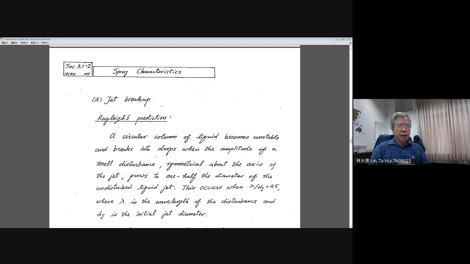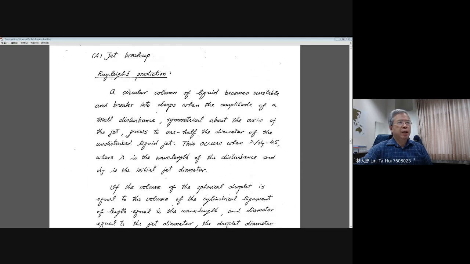Those kinds of instability are predictable and were presented by Rayleigh's predictions.